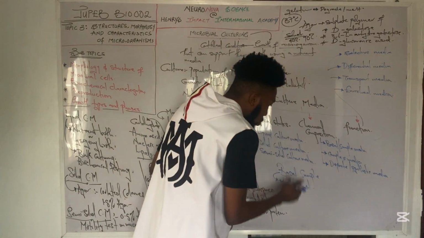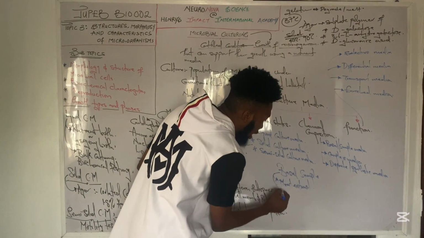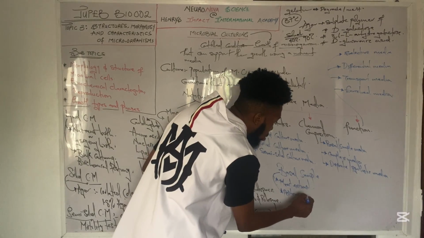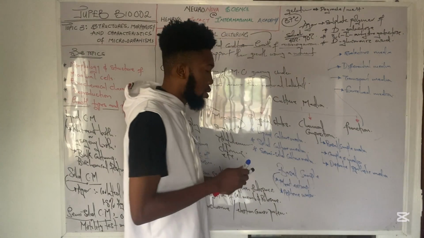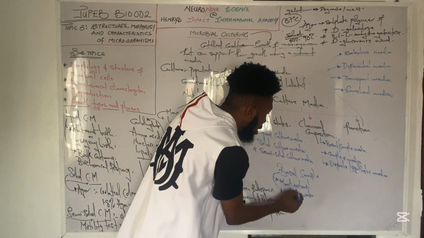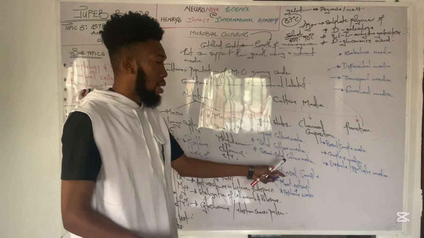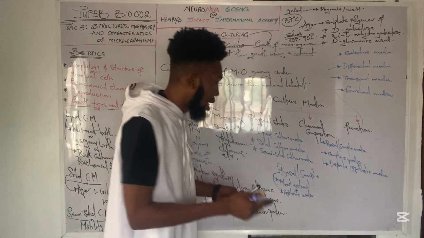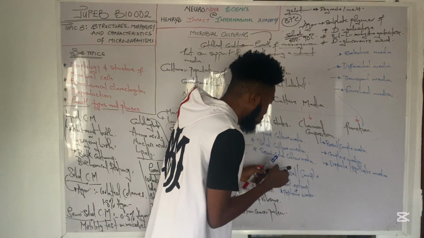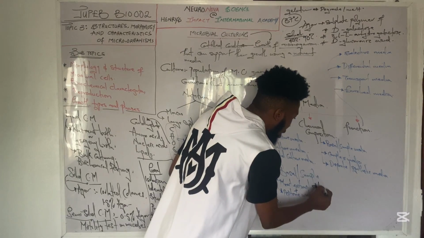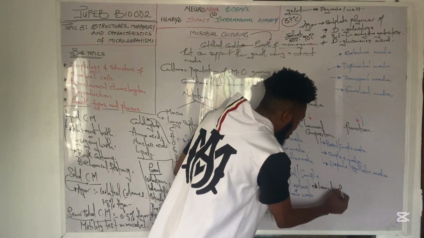So you want to have just your meat extract, and then you want to have peptone water. So meat extract plus peptone water is the major component of your basal or simple culture media. Don't forget that meat extract, you get it from lean beef.